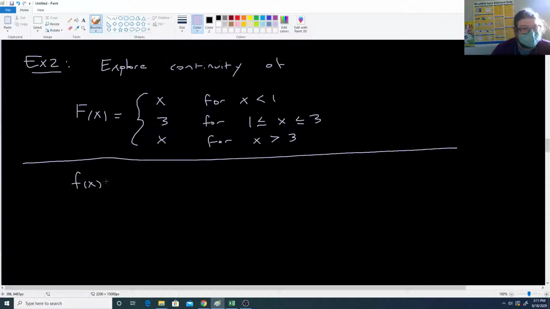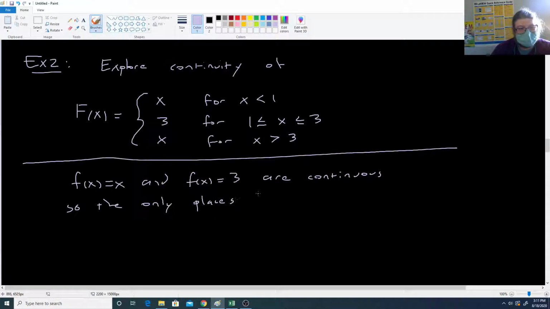Basically, we'll note f of x equals x and f of x equals 3 are continuous. So the only places our piecewise defined function, capital F of x, might be discontinuous is at the jumps, or at the places where the graph changes shape.